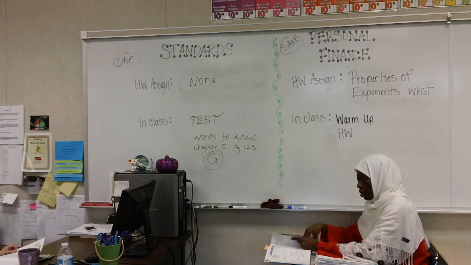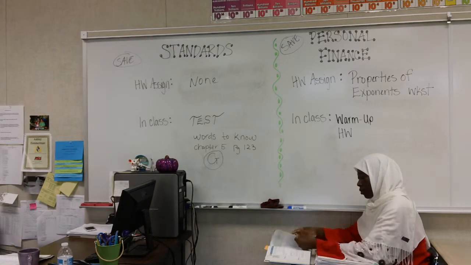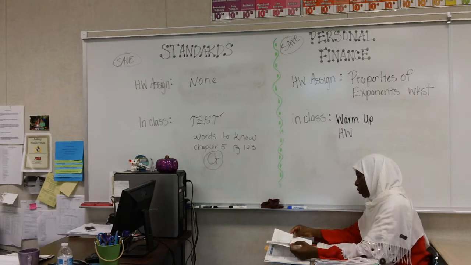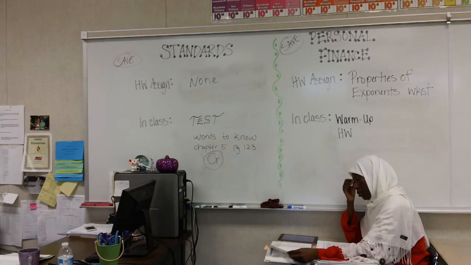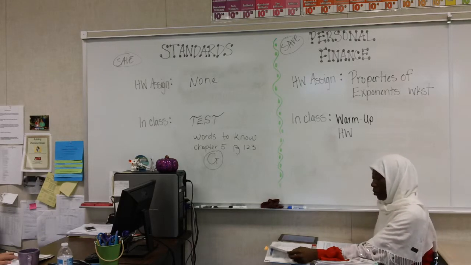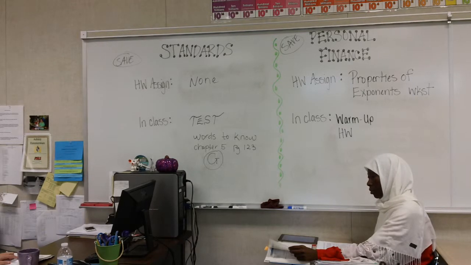And then what's next? Triangle inequality theorem. This is really good for them. When I was helping kids with the AIMS review, there's a triangle inequality theorem on the AIMS practice, and almost all the students I was helping did not know this.